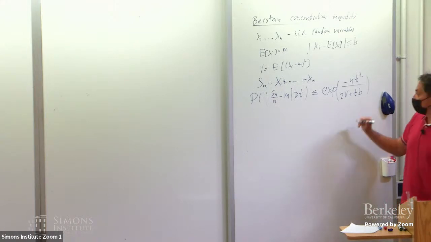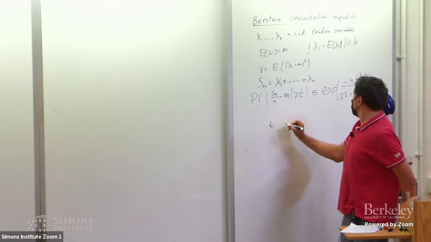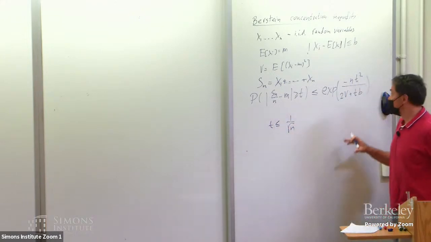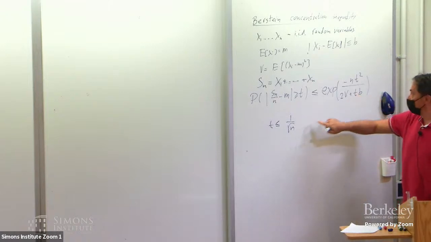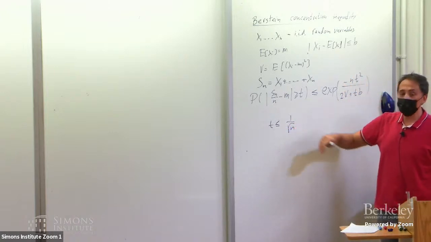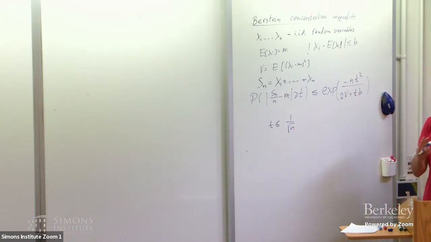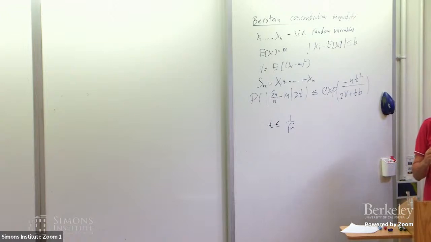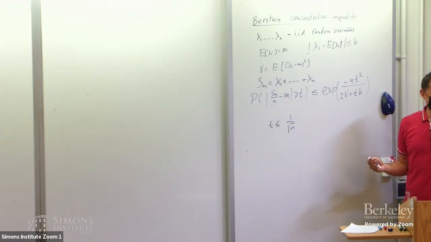And indeed, you could see that if t is less than some constant times 1 over square root of n, then you exactly get here 1 over n times n, right? So this can only be small if t is less than some constant times 1 over square root of n. So you see that it's exactly that length scale in terms of n from the law of large numbers, when this probability can be expected to be significantly less than 1, right?